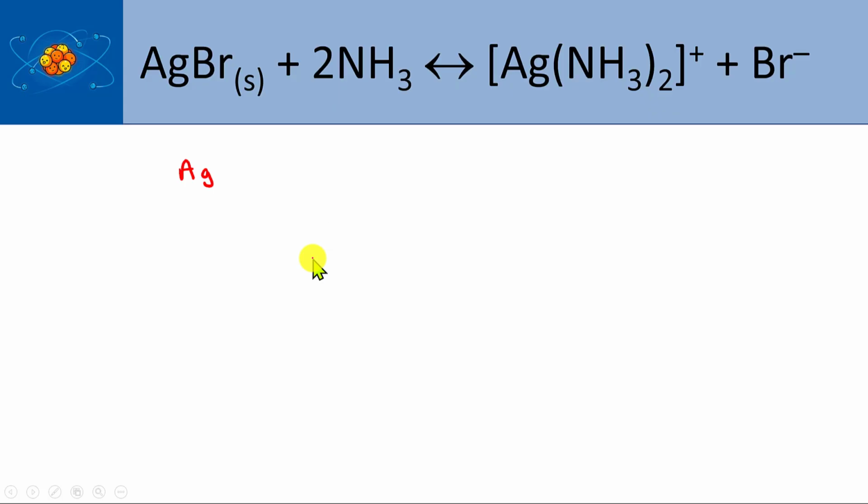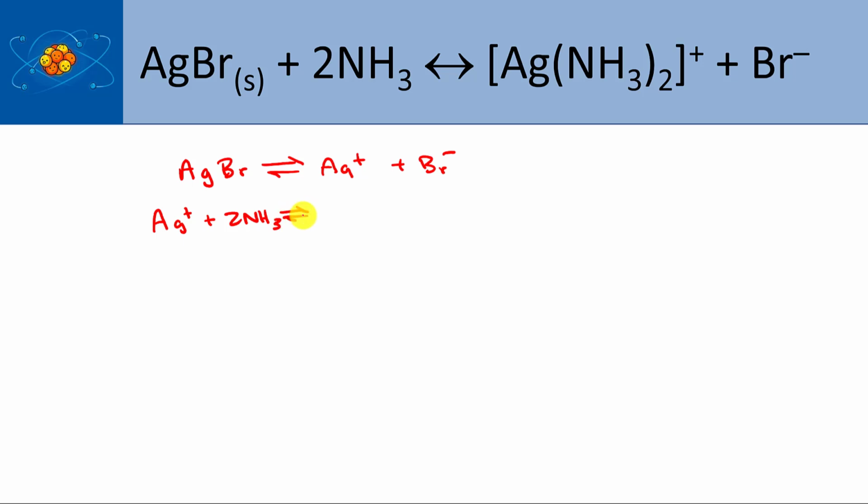And so what we'll do is we'll write our KSP reaction like this. And then we'll also write our complex ion formation, which is going to be silver ion plus 2 ammonias. And again, I only get that because I looked it up, right?